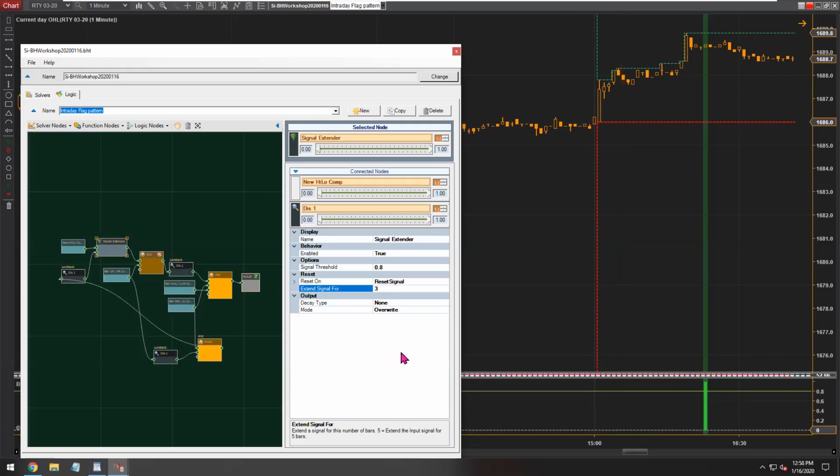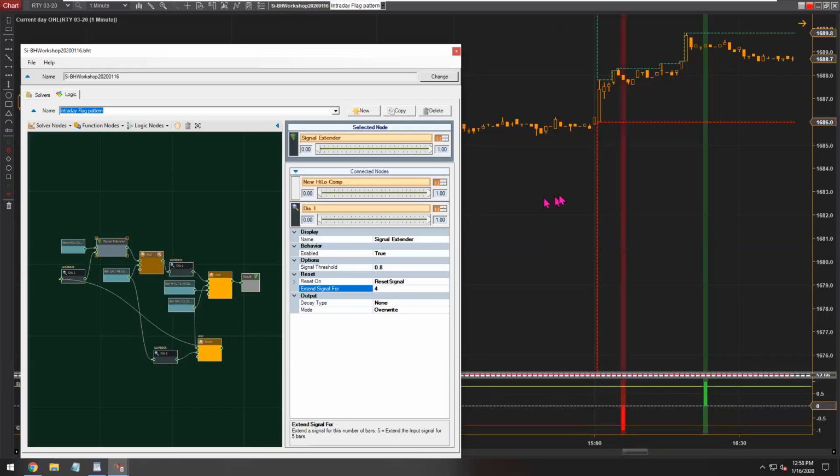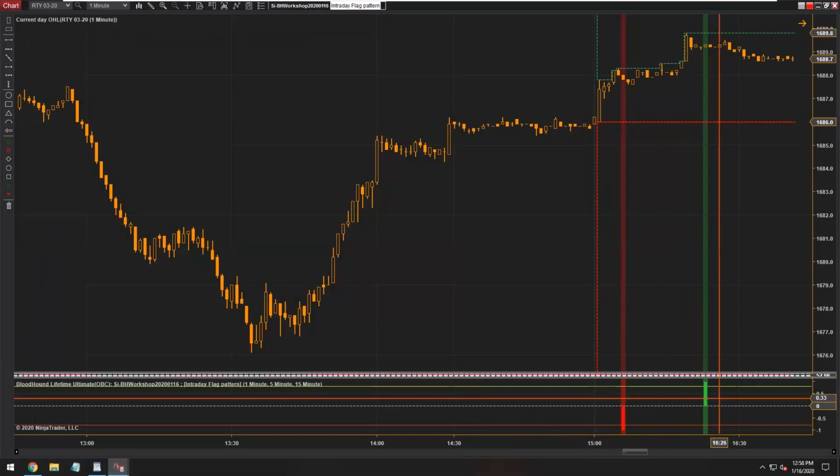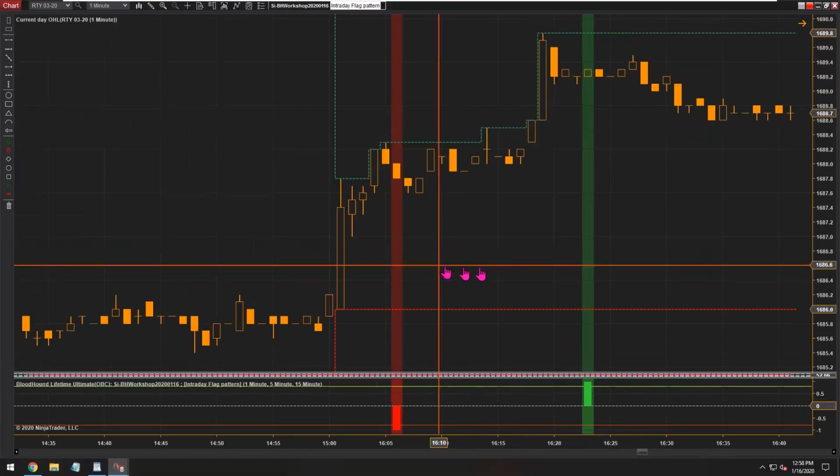So you can just increase or decrease the signal extender number to include more bars or remove bars.